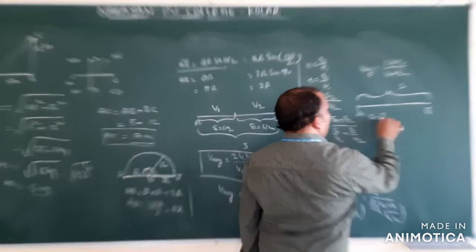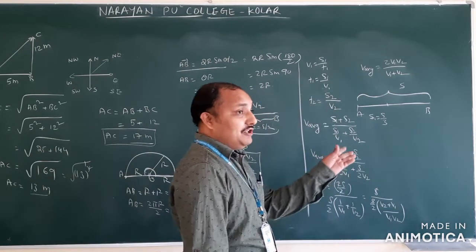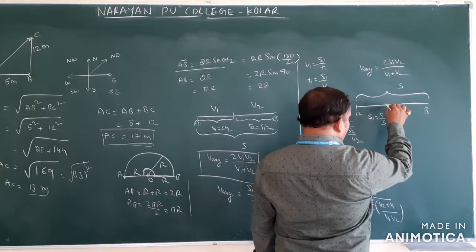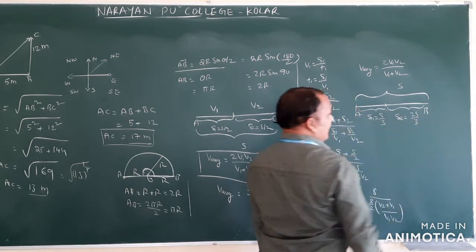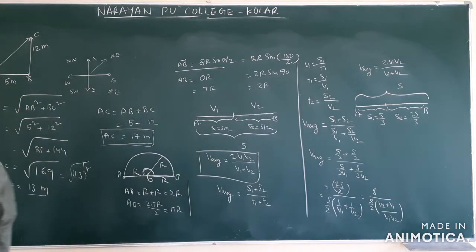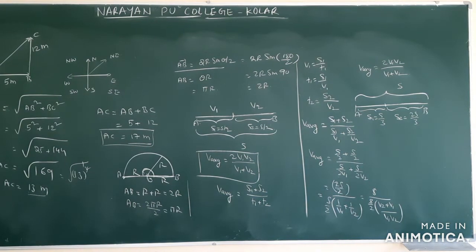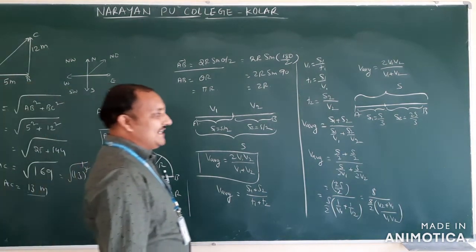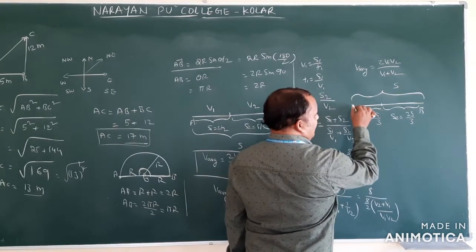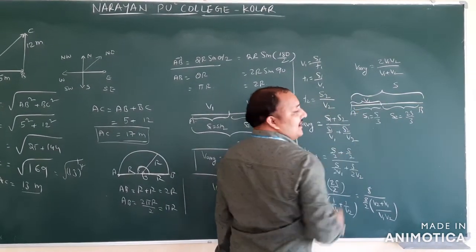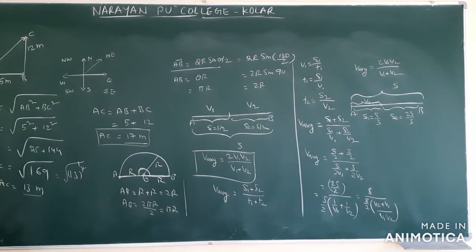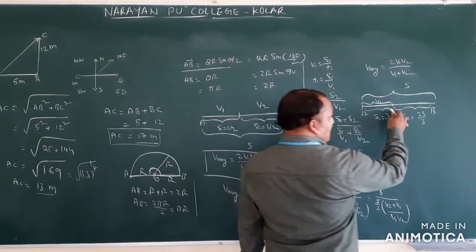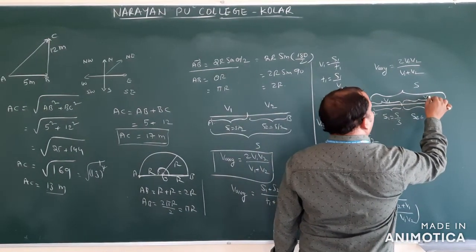First 1/3, second 2/3. 2/3 means 2 by 3. So this first 1/3 with velocity v1, second 2/3 distance with velocity v2.